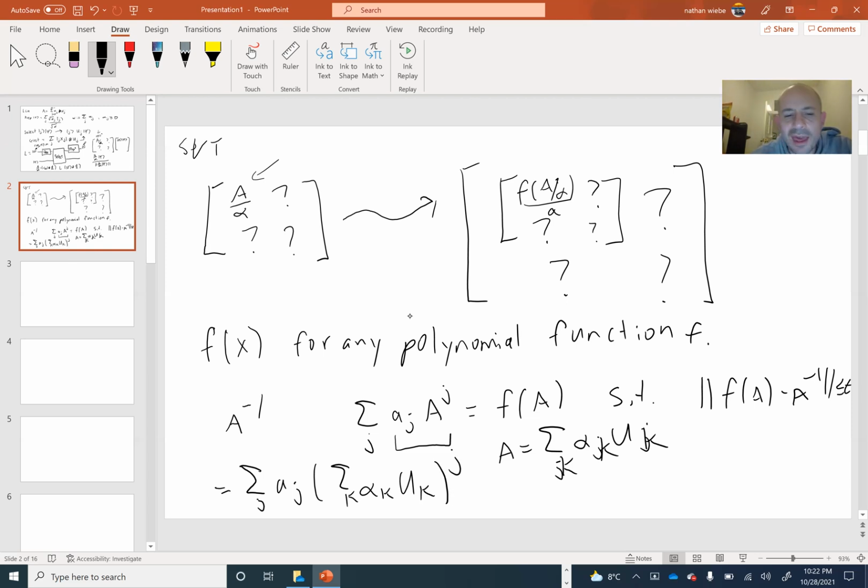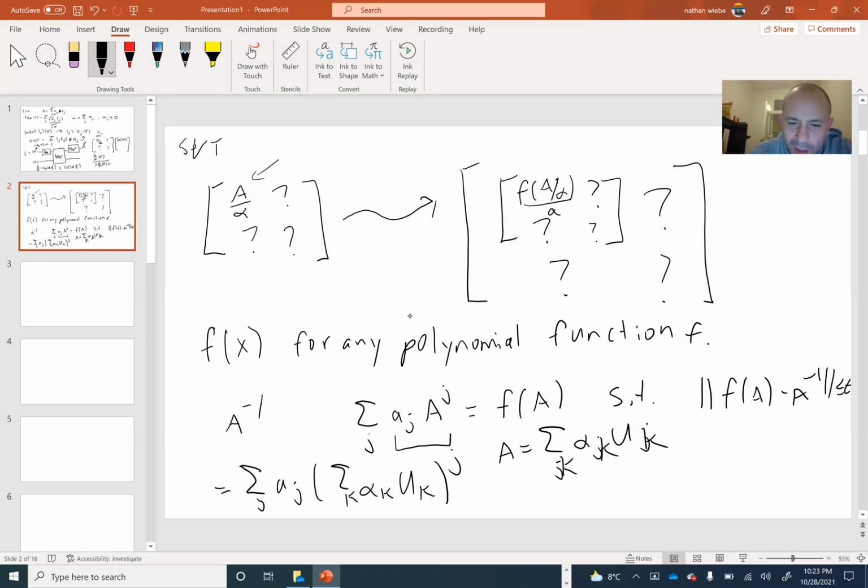Now, if we expand this out, we're going to get also a linear combination of unitaries. So you see that in principle, we can use the exact same formalism to implement this. But actually, it's often going to be a pain to do that.